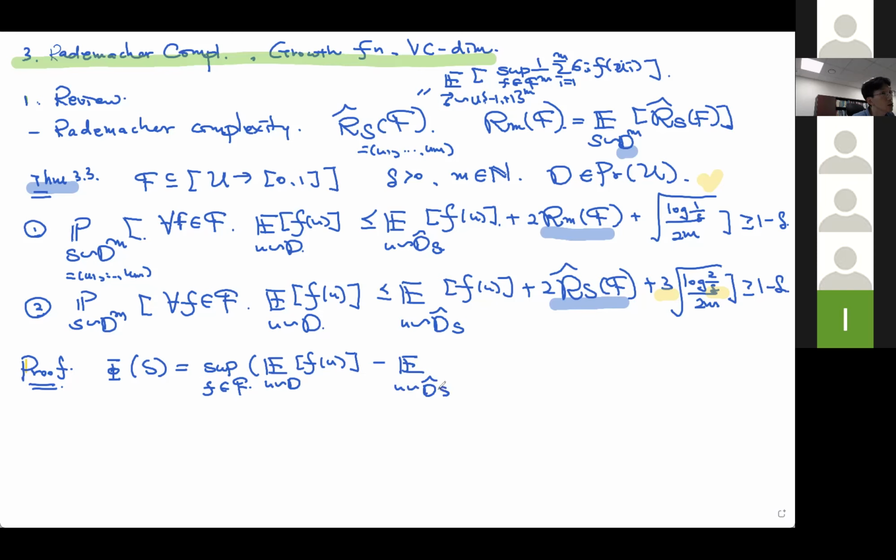This appears naturally because we are looking for the uniform bound. So the supremum here is really saying we are interested in the uniform upper bound.